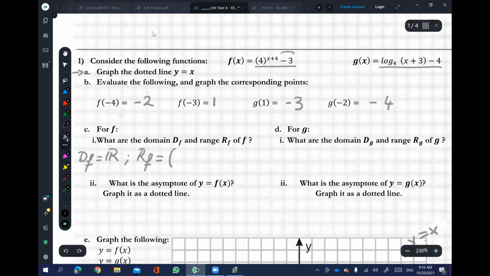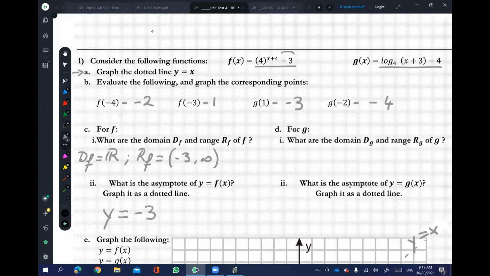So it starts at -3 excluded towards infinity. And the asymptote will be y equals k. In that case, y equals -3.